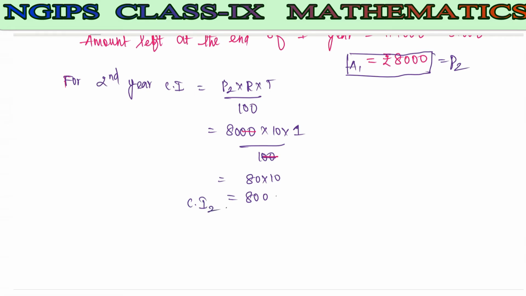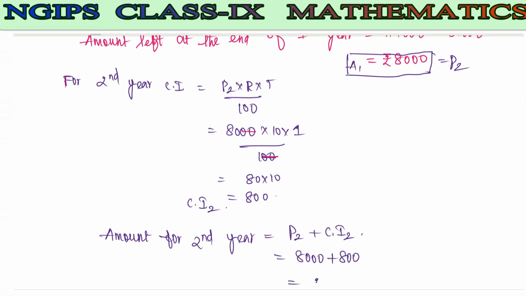Now we need to find out the amount for the second year. The second year amount is equal to second year principal plus second year compound interest. So second year principal is 8,000 plus interest 800. So here rupees 8,800. So this is the second year amount.